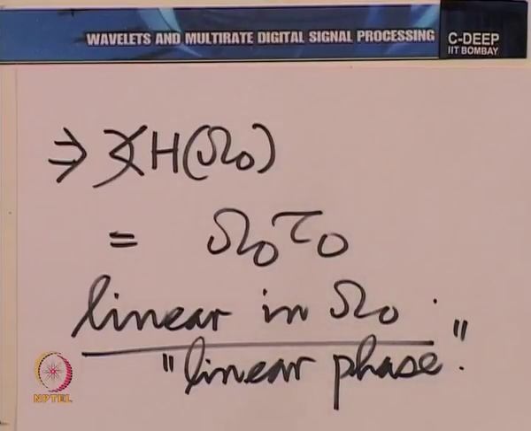Now, this is what I am trying to emphasize at this point. This very simple filter bank, the Haar filter bank, has this beautiful property of linear phase. By the way, this is something unusual in filter banks. It is not easy to design filter banks of larger order with linear phase. In fact, only one class of filter banks has this property.